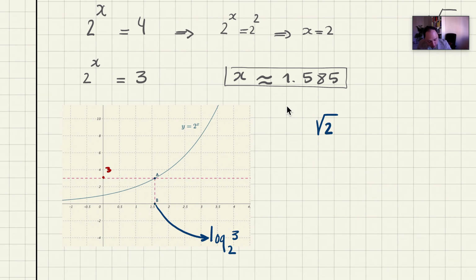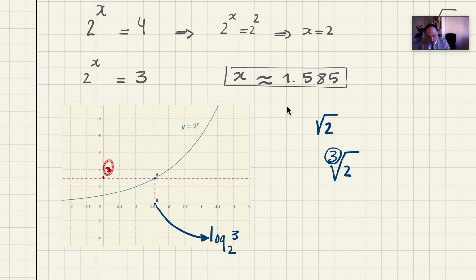Do you remember when you write the third root of 2? What is the meaning of the third root of 2? It means a number so that when I raise it to power 3, it becomes exactly 2. And that's the same question. You don't ask to explain 3. This is the symbol that I'm introducing. There are two numbers involved in this problem. One number, 2, is the base.